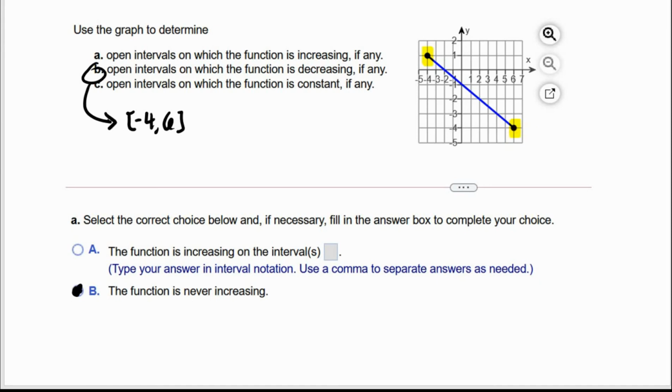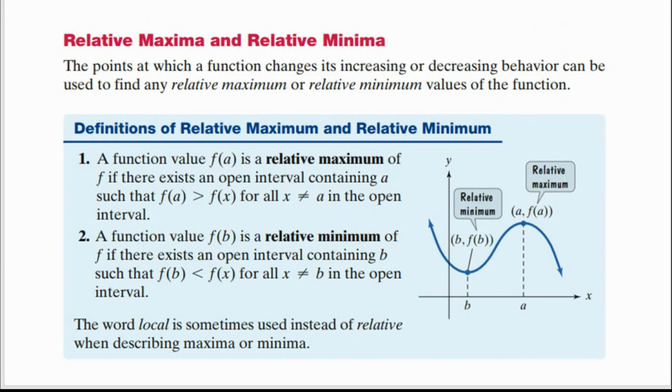Let's talk about minimums and maximums. Again, we call them relative, that is local, just maybe in a certain area. So we have this idea of a relative max: for some function at a particular value or point here at A, for this graph, we say that this function's graph has a maximum.